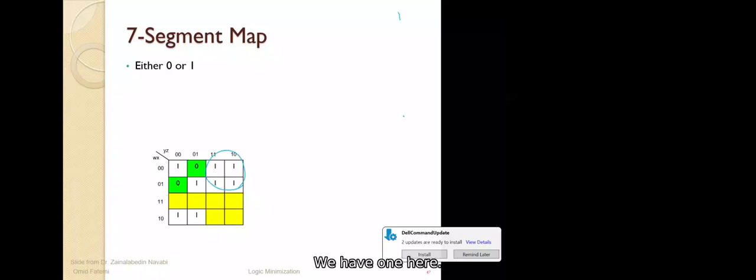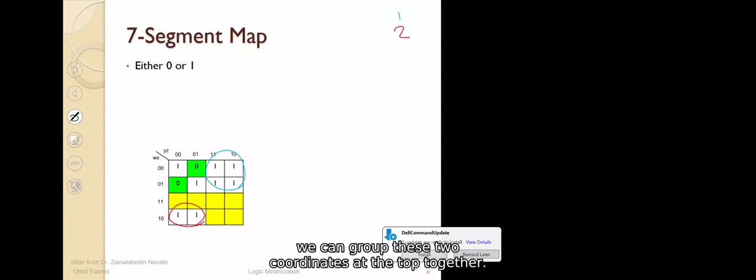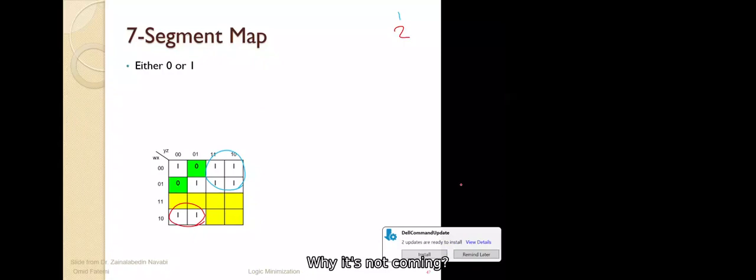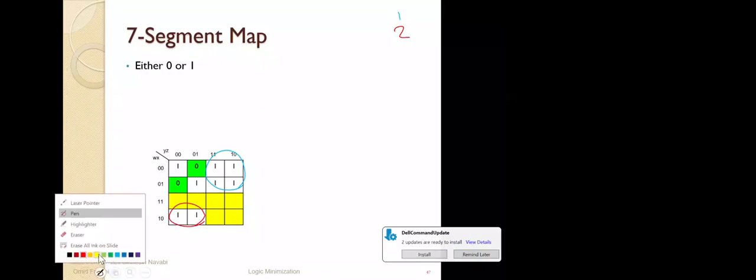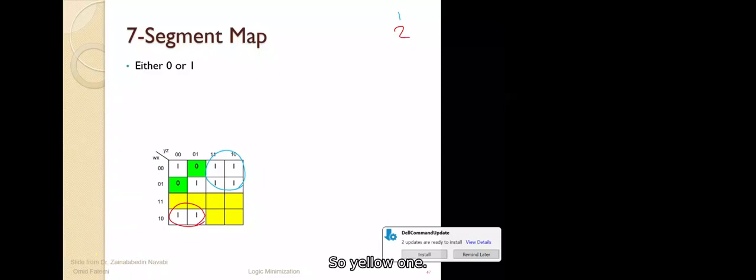We have one here, number 2. We can group these 2 corners at the top together. Yellow, so yellow 1, number 3. Then we have the 2 corners at the left.